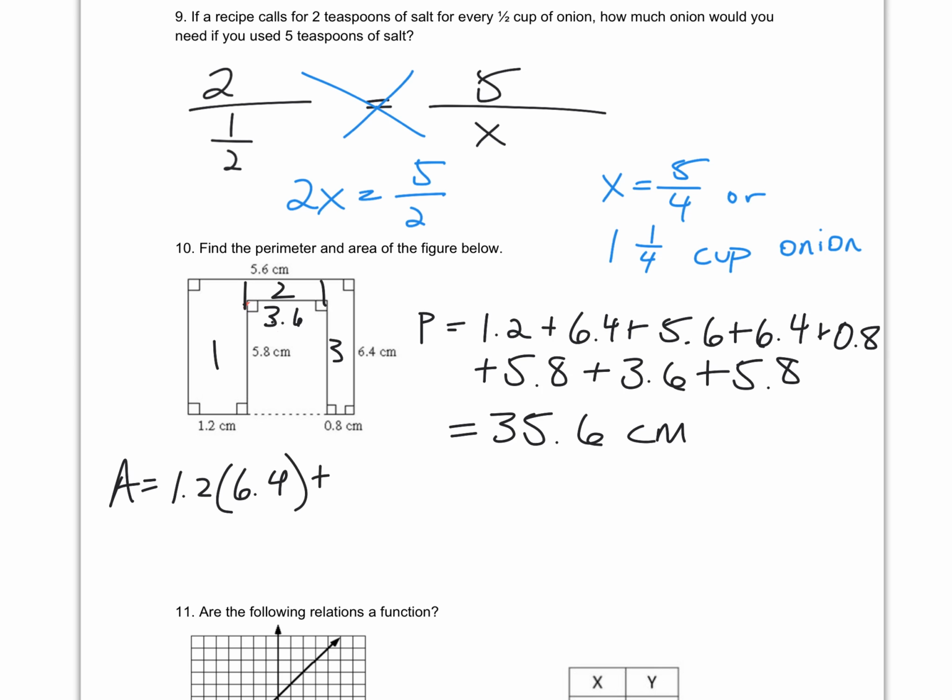Number 2 is going to be 3.6 times, well, what's that little height here? This little height in blue? Well, it's 6.4 minus your 5.8. 6.4 minus 5.8 is 0.6. That's this little height right there. Last, 0.8 times 6.4. And we're just going to find that calculation.